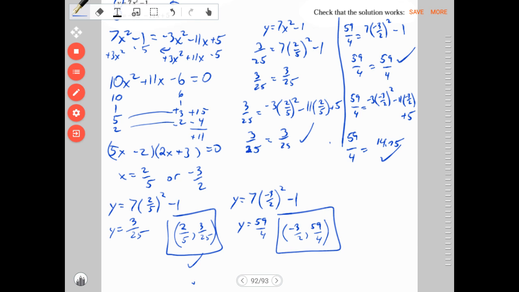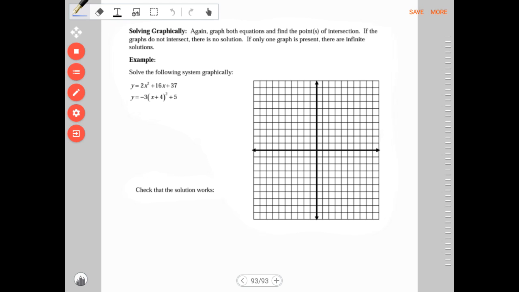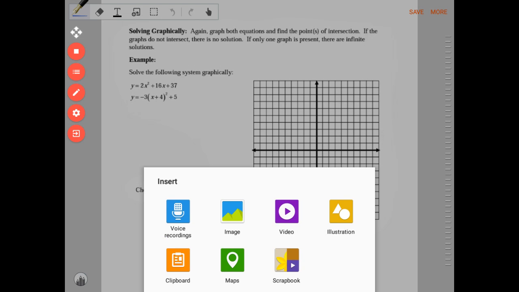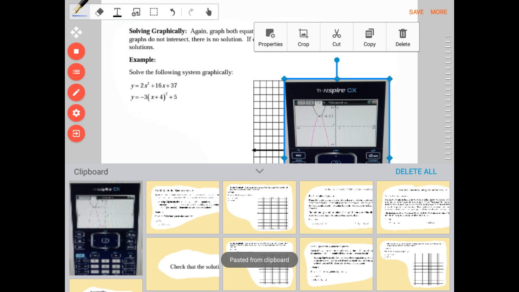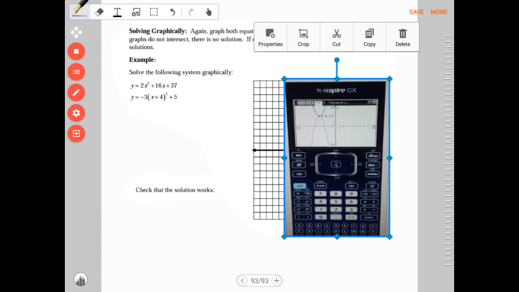All right, awesome. And then the last one, solving graphically. Again, we're just going to graph both equations. I'm going to use my graphing calculator to figure this out, and I actually already did, so I'm just going to insert my picture. There it is. So we get these graphs.